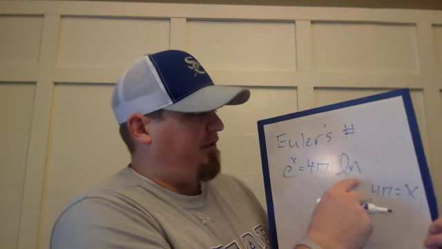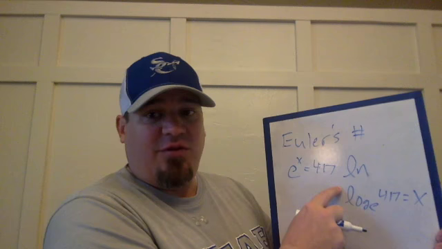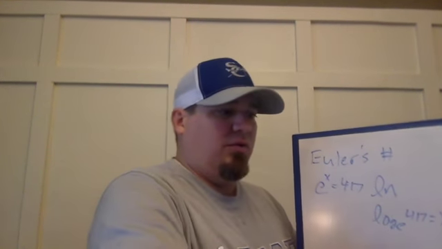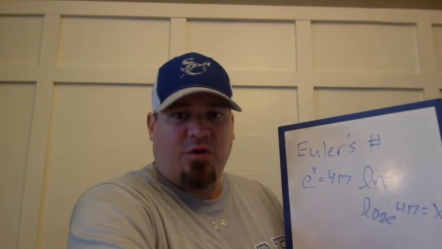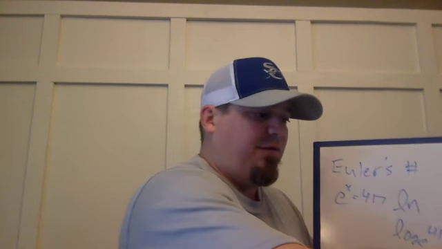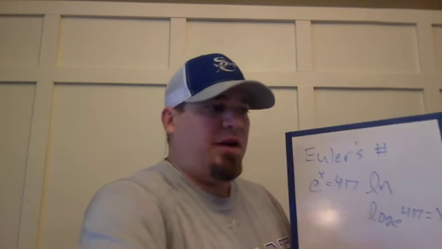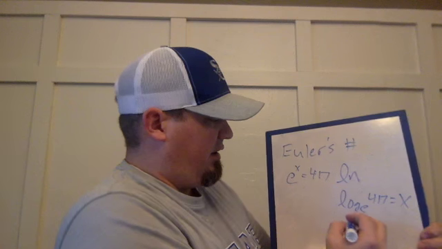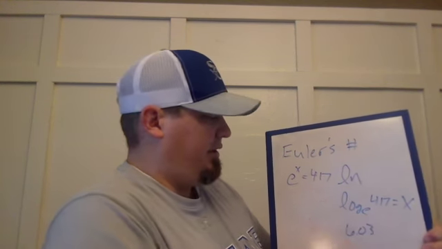Okay, so if I want to find out what x is, what e to what power gives me 417, I simply click on L of n, the button right next to the 4 button on my calculator, of 417, and then hit enter. And it gives me x equals 6.03.